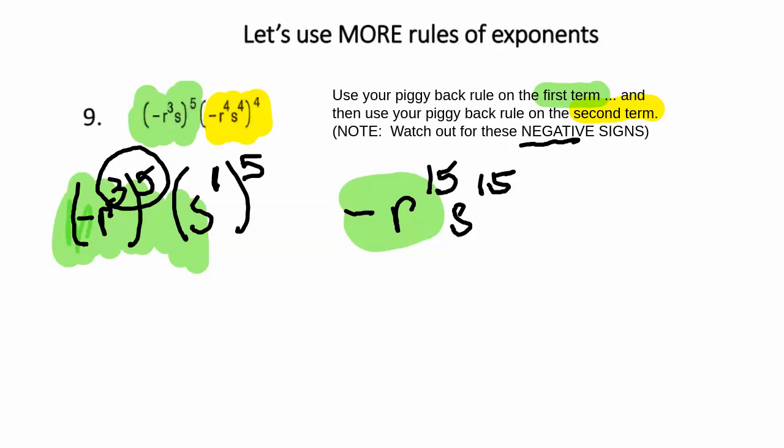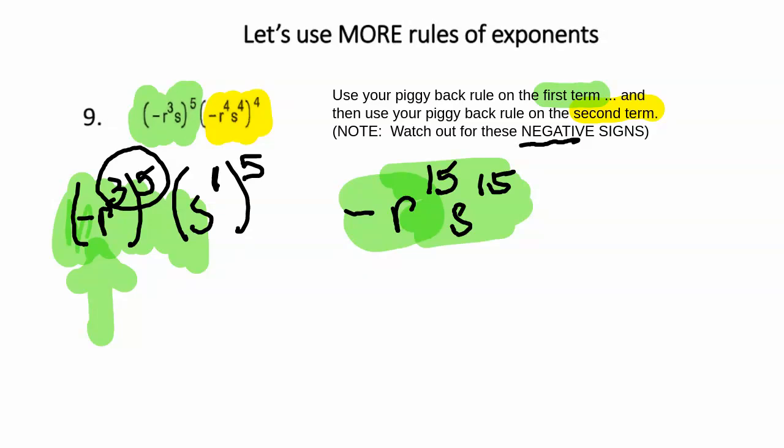This is my first term. This is where you have to be careful. I have negative, negative, negative. That negative r shows up 3 times, and I have 5 negatives, which is why I'm getting a negative r to the 15th power.